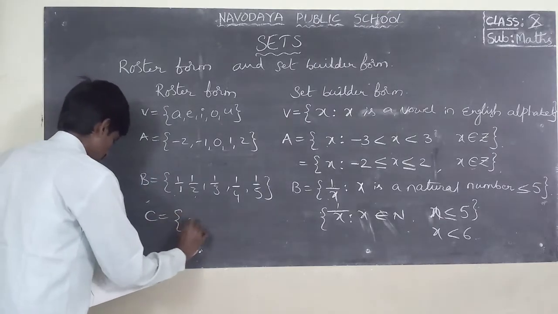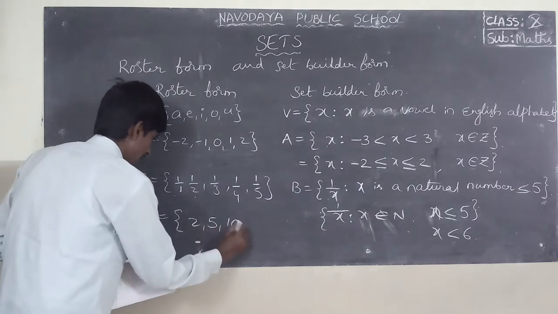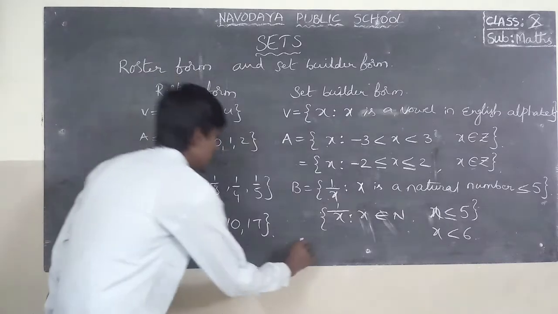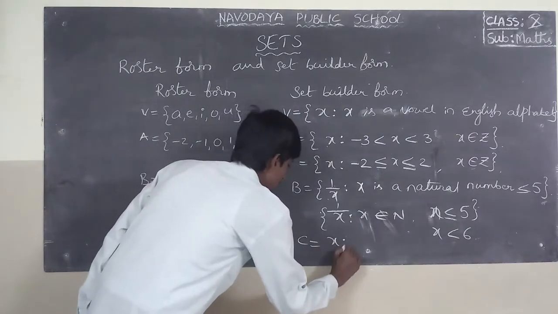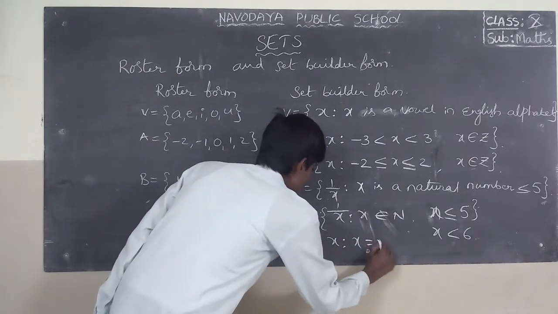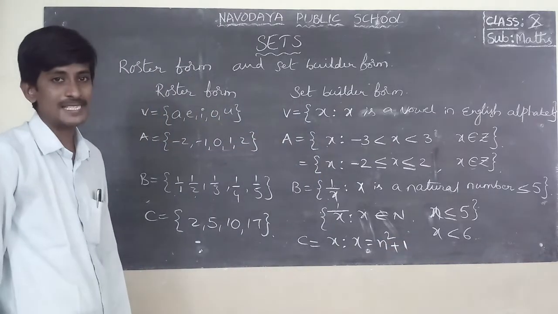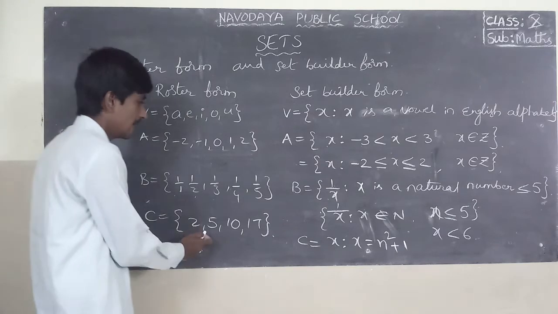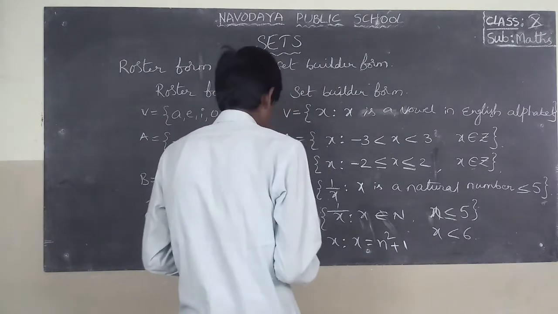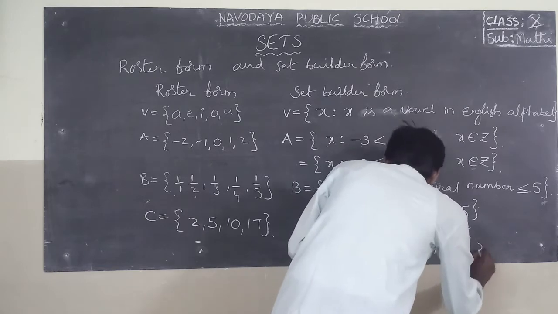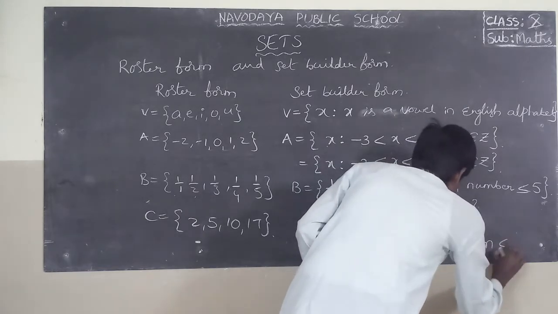Okay, C equals 2, 5, 10, 17. C is equal to the set of x, where x equals n square plus 1, for example n belongs to N, n less than or equal to 4.